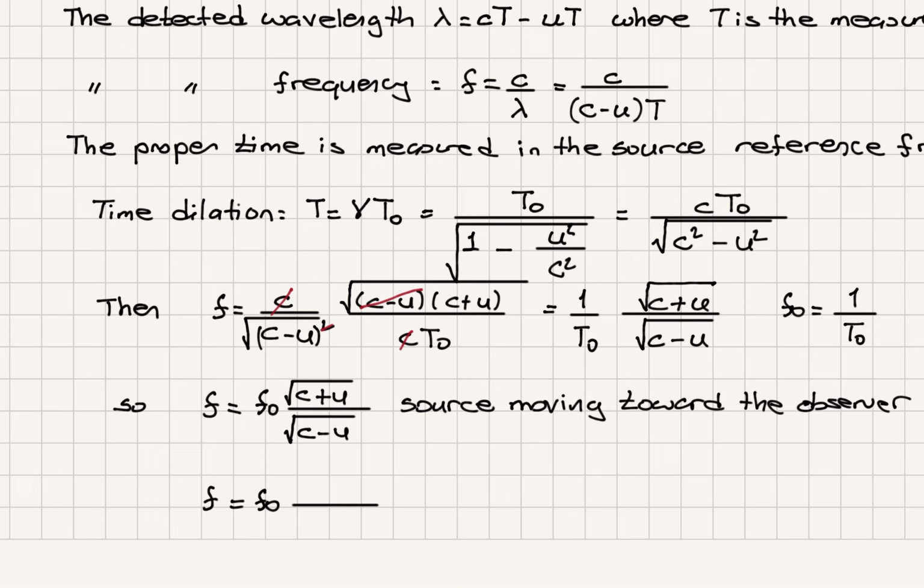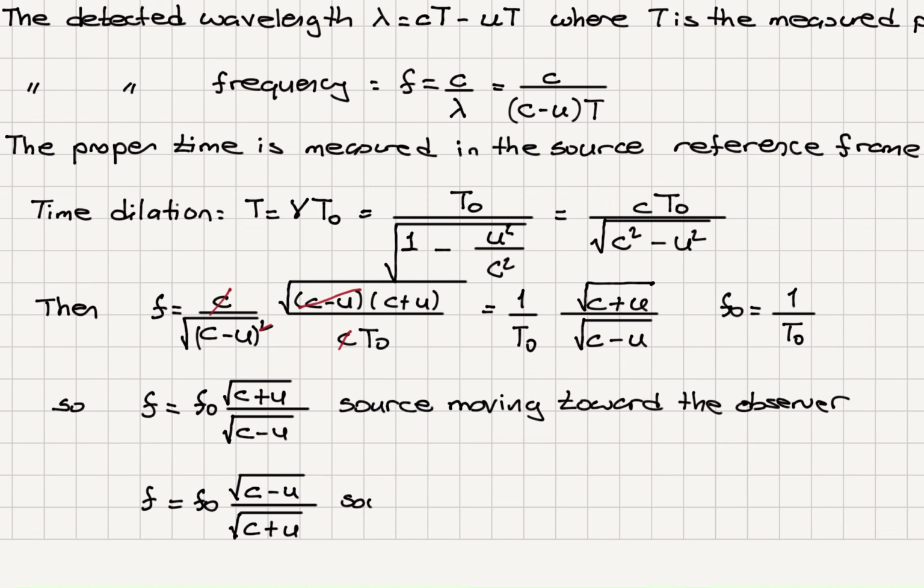It is the square root of c minus u divided by the square root of c plus u. And when does this happen? When the source is moving away from the observer.